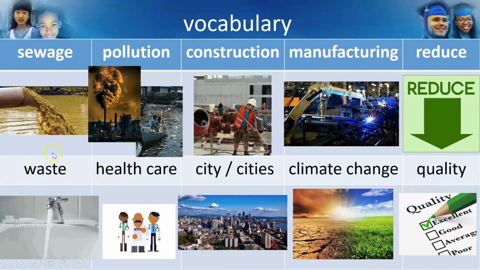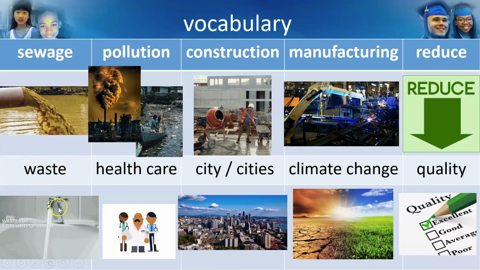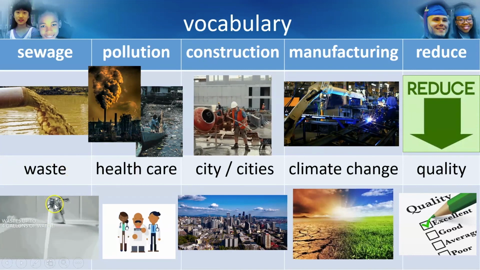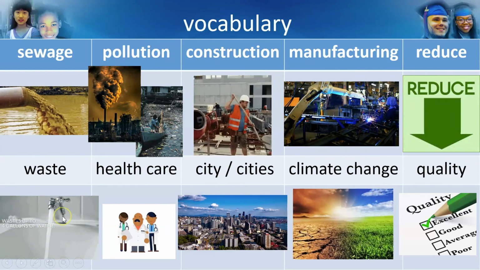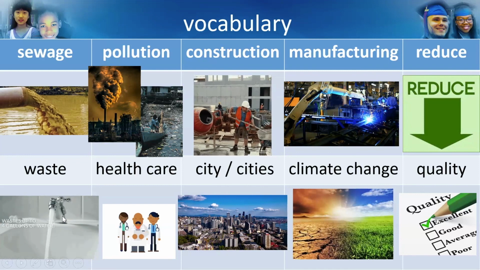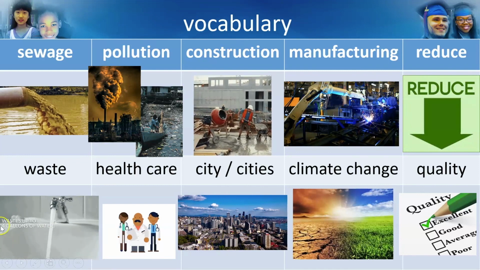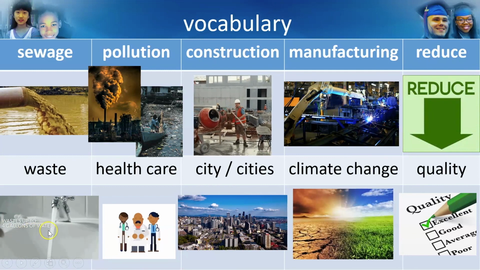Then we have waste. Waste. What is the faucet doing? The faucet is giving us water. Did someone turn the faucet off? Or is it on? Yeah, it's on. And here you can see it says wastes up to 4 gallons of water.